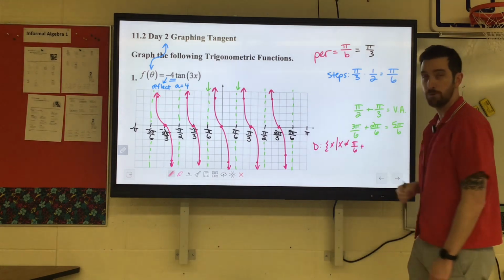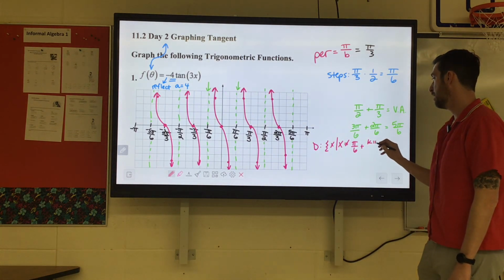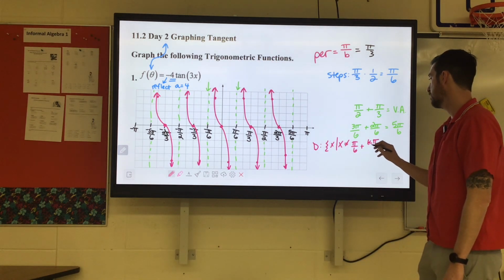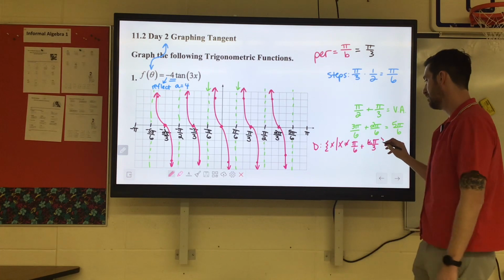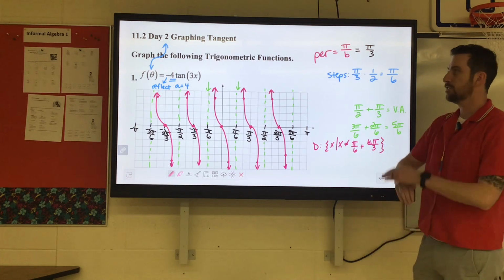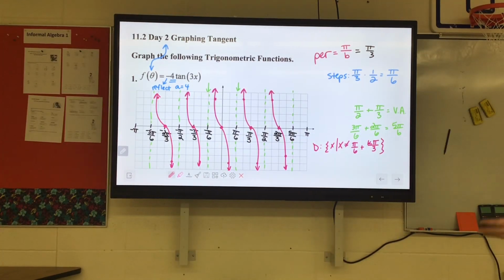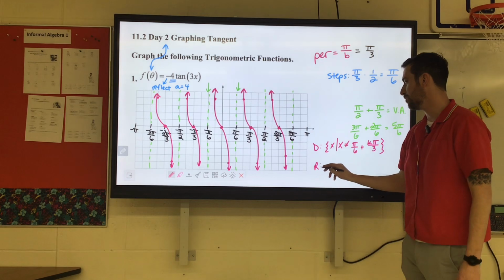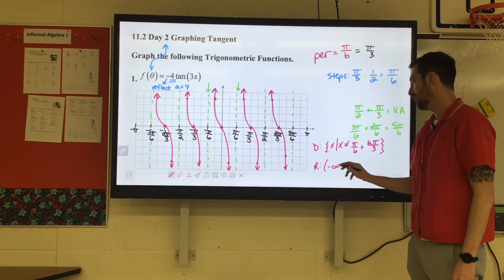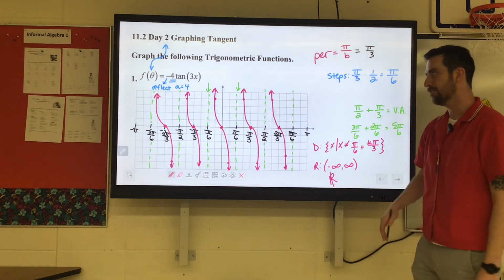A period here is pi over 3, so we could say plus k pi over 3. You could also say pi k over 3, up to you. And the range is up and down, so that would be all real numbers. It vertically can go on forever in each direction, so our range would be all real numbers. You could write it like that, or you could do the cute R with the line through it.